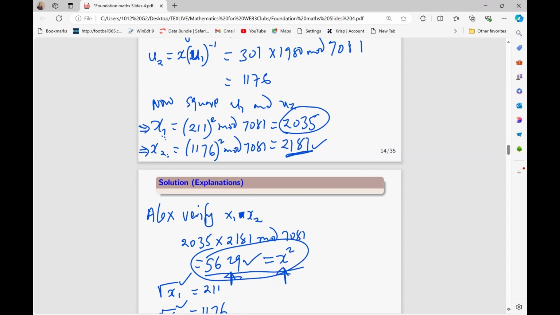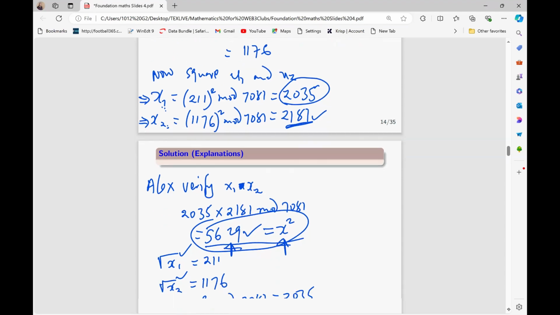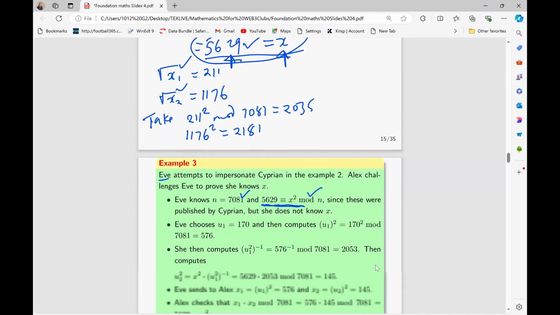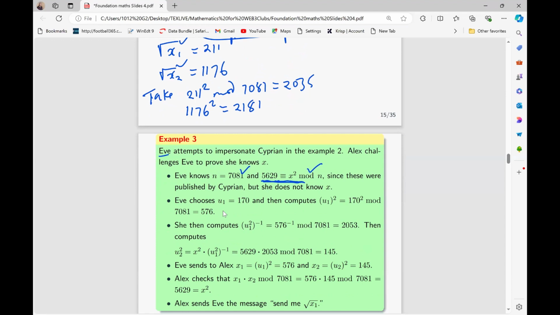So Eve will also come with that notion. She knows the first thing she's supposed to convince Alex of is that she can make some moves and arrive at X2. So using those moves, Alex is supposed to find out whether she can get the square root of X1. So she decides on her moves. She doesn't know X. What she knows is X squared.